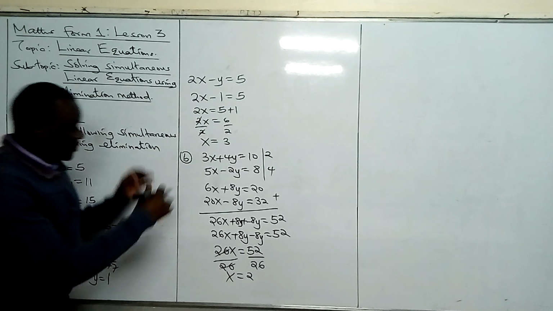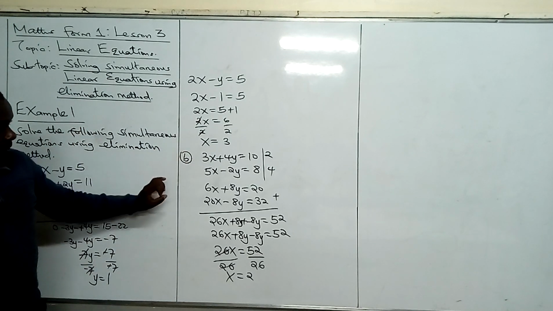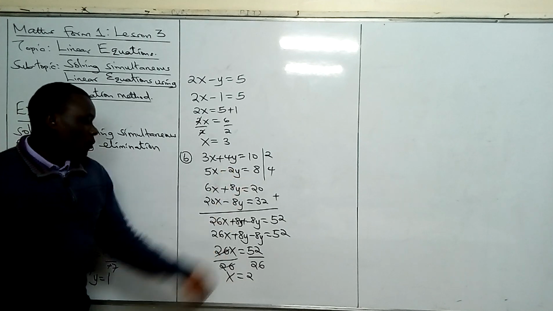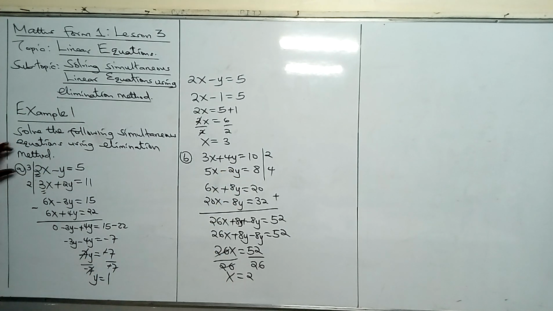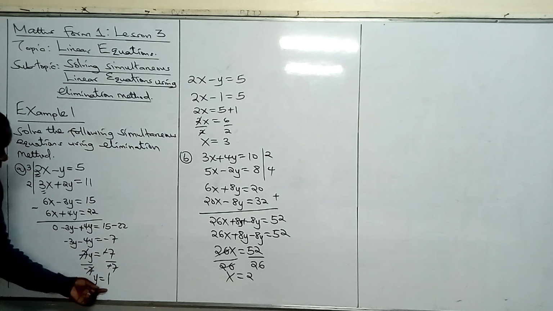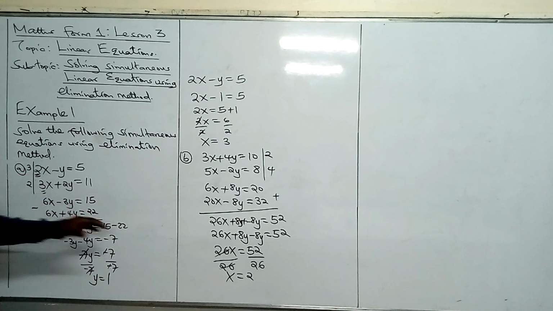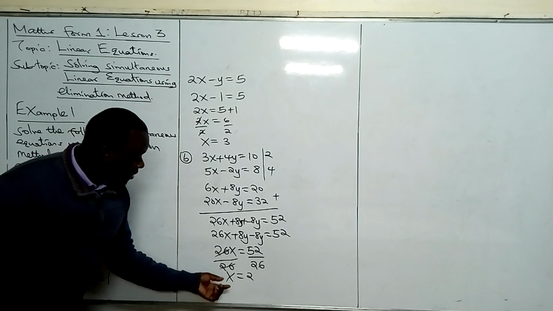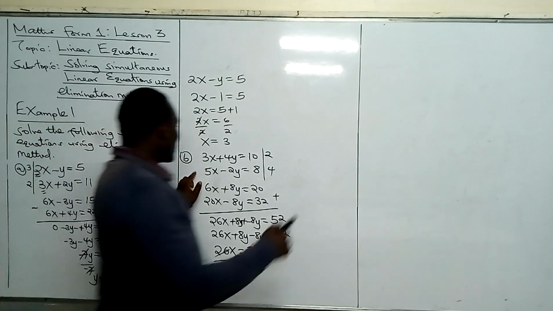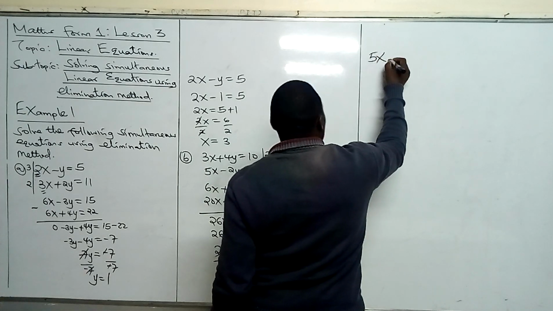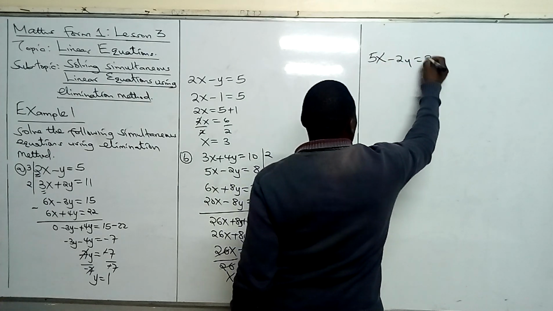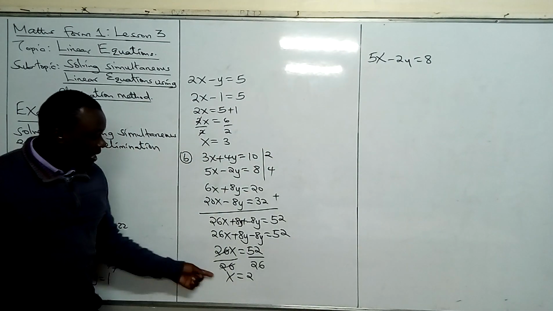We can use any particular equation for us to be able to get y. Let me take you back to our first question. We substituted the value of y in the first equation. I want us now to substitute the value of x in the second equation. So we can use the second one in this case, whereby we have 5x minus 2y is equal to 8. But we have obtained x as 2.